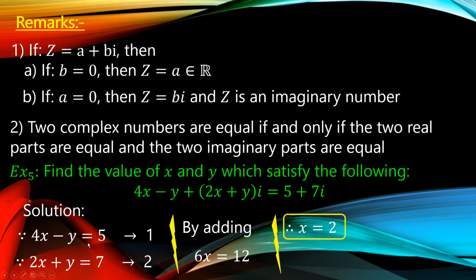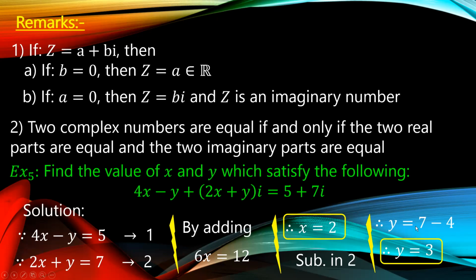Here, I will substitute 2 in one of the two equations, first or second. By substitution in the second, y will be 7 minus 4 equals 3. Then the value of x equals 2 and the value of y equals 3.